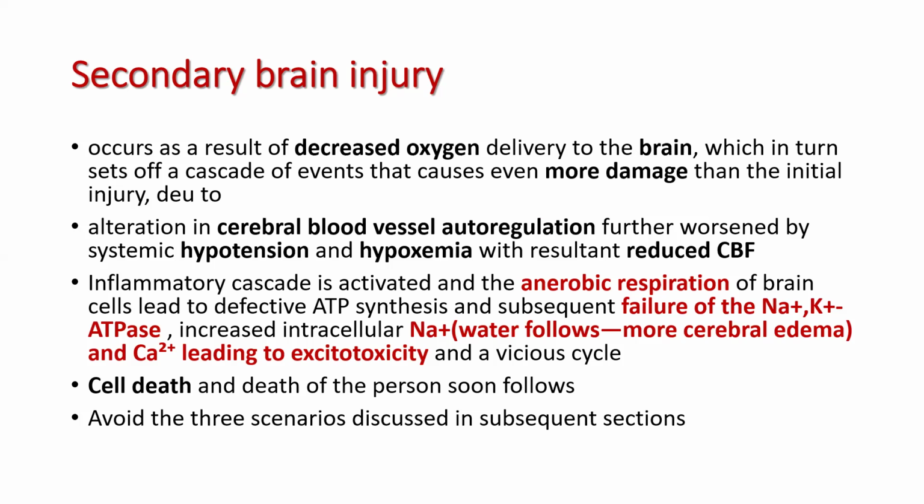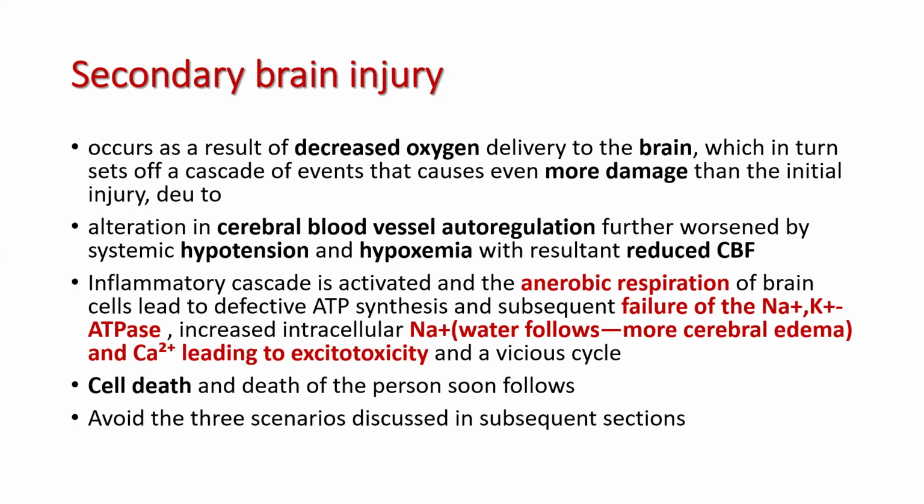Because of that reduced oxygen supply to the brain, you have the inflammatory cascade. You remember the inflammatory response to trauma. You have the activation of pro-inflammatory cytokines, and you also have anaerobic respiration.